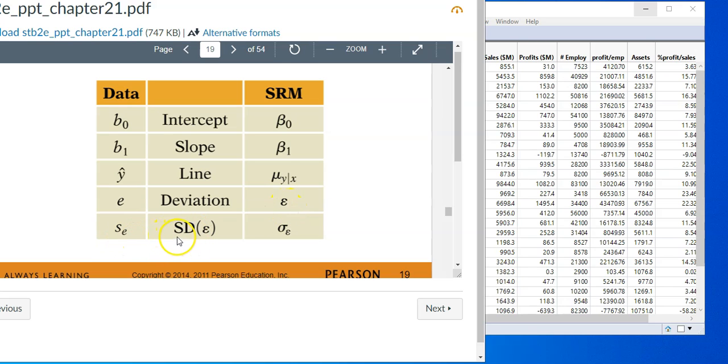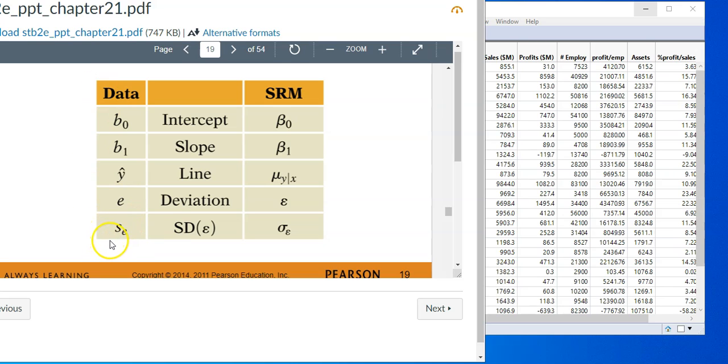Standard deviation or standard error, we show it with SE. SE is a standard error. SD of epsilon is the standard deviation of errors. So we have errors, and we can calculate the standard deviation of them. On the SRM, we show it with sigma of epsilon.